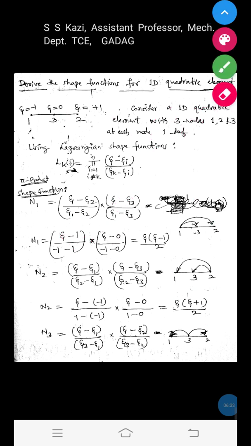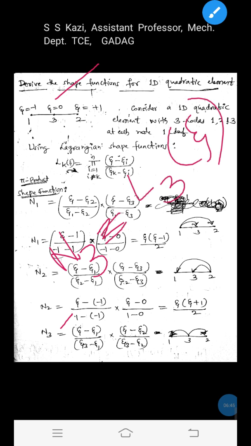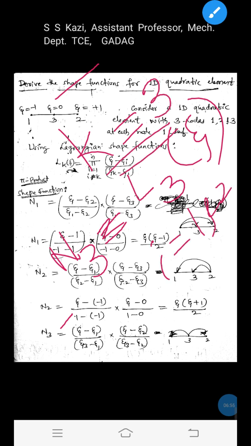Now come to the shape function at node 3. That is N3, which by the Lagrangian shape function is equal to L3 of zeta. Since you are finding the shape function at node 3, k will become equal to 3 and I will become 1 and 2.